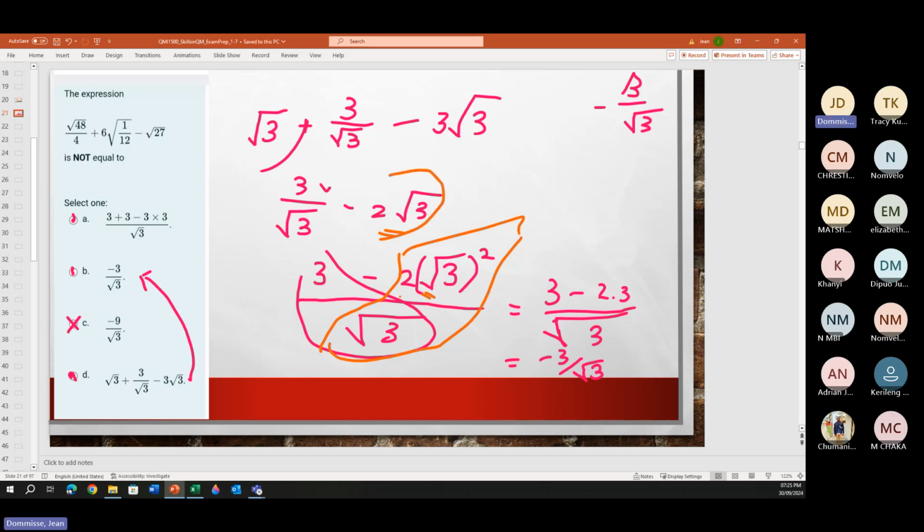And then we can simplify. So the 3 stays with 3. 3 root to a power of 2 is 3. So 2 times 3 is 6. So 3 minus 6 gives us the minus 3. Okay, but your mission is to get from this one to that point.